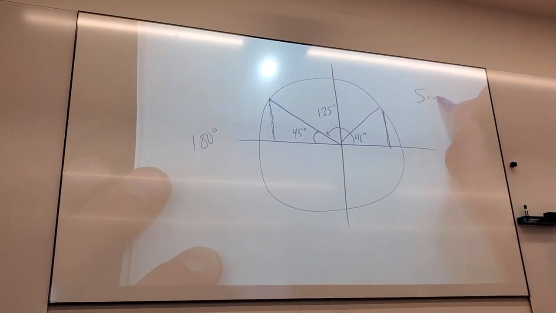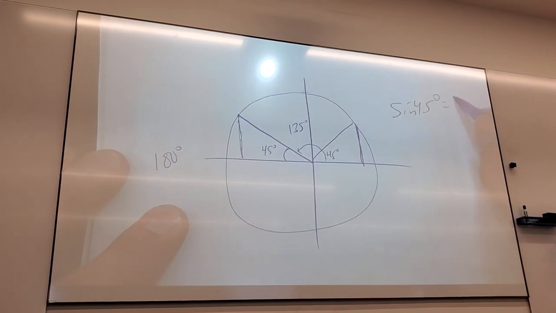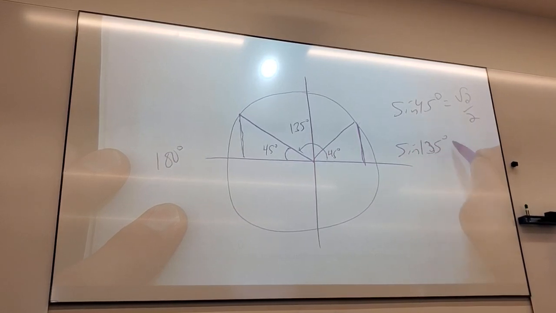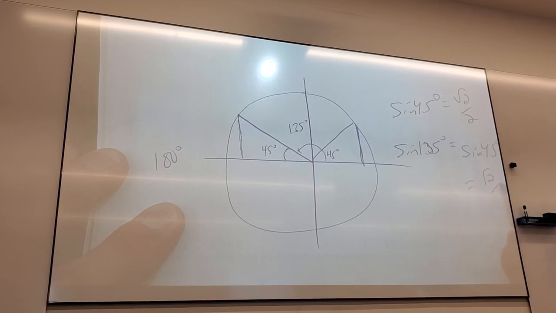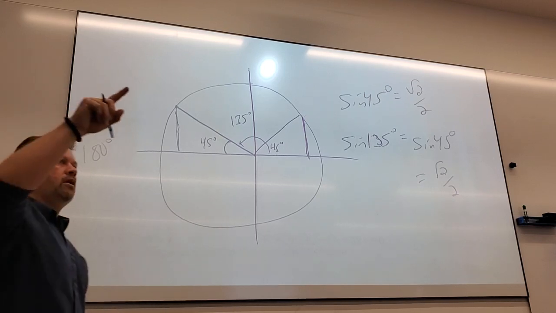So what's the sine of 45 degrees? Radical 2 over 2. So what's the sine of 135 degrees? Radical 2 over 2. It's the same thing. Of course it's the same thing, because I get the exact same triangle.